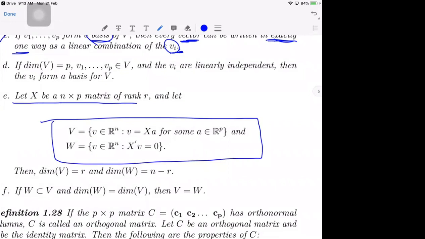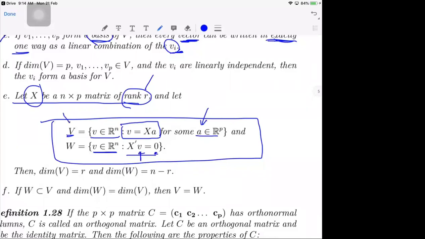So if we have a matrix X of dimension n by p of rank r, and you have a set of vectors, n by 1, such that you can write it in this form for some p by 1 vector a, and you have another set of vectors v, still n by 1, such that if you pre-multiply it by the transpose of X, then X transpose v is equal to 0.